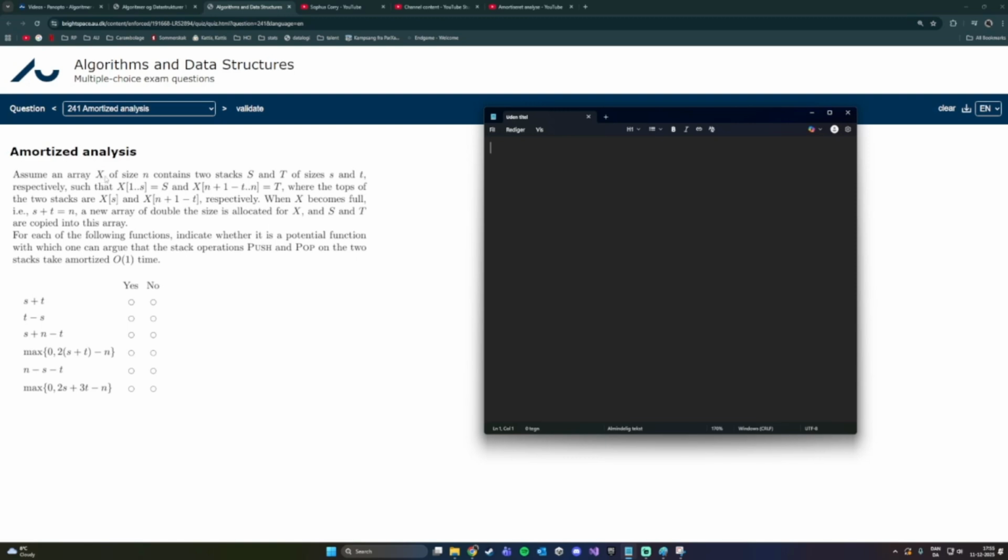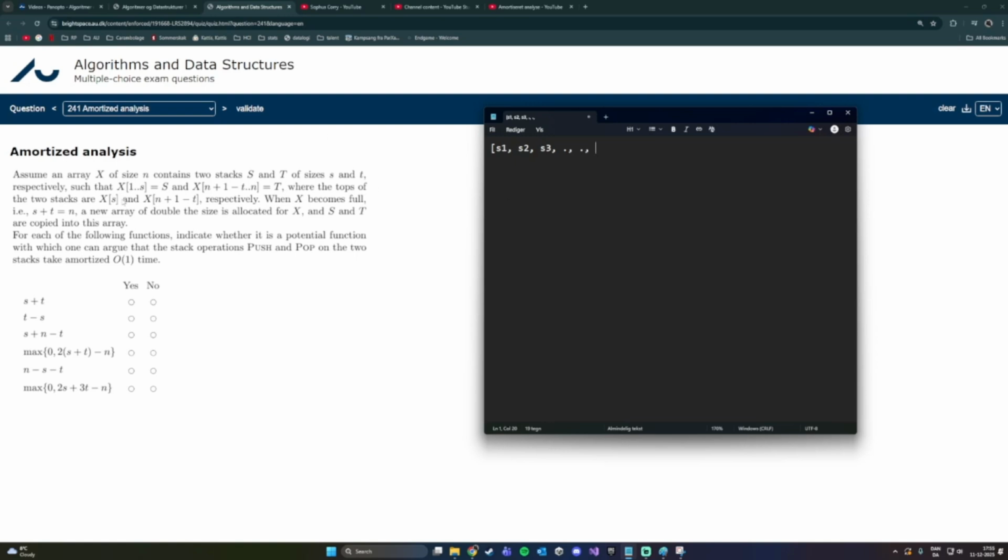So let's read the question. We have an array X of size n, and it has two stacks S and T of sizes s and t respectively, such that the array from 1 to s is the first stack, and the array indices from n plus 1 minus t up to n are the stack T. So basically we have an array, and we have S1, S2, S3, and so on, then some dead space, and then the other stack.